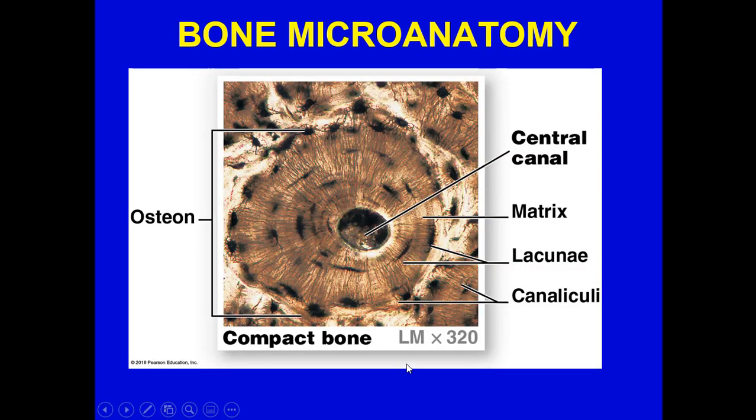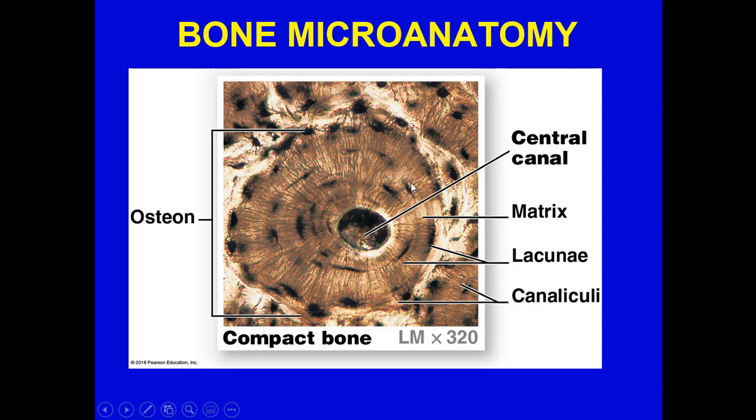Here's a microscopic image you see here, light microscopy at 320 magnification. This is clearly an example of compact bone. How can you tell? Central canal, there would be nerves and blood vessels coming through it. And you see each one of these layers here, okay, of the basic lamellae.